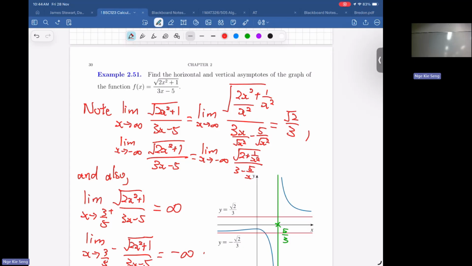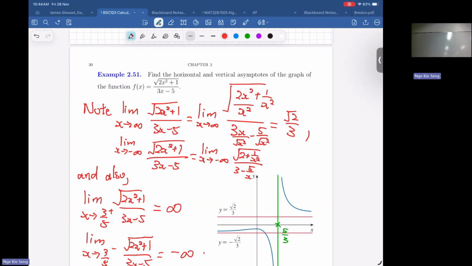You mean to pull the minus out to the front? Yeah, pull the minus out to the front. It helps, like in the denominator, at the bottom, there is only 5 minus 3x. How does it help?